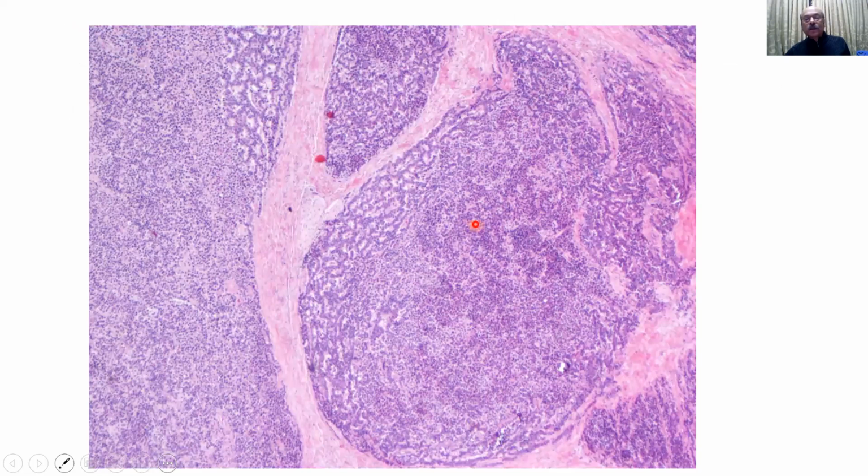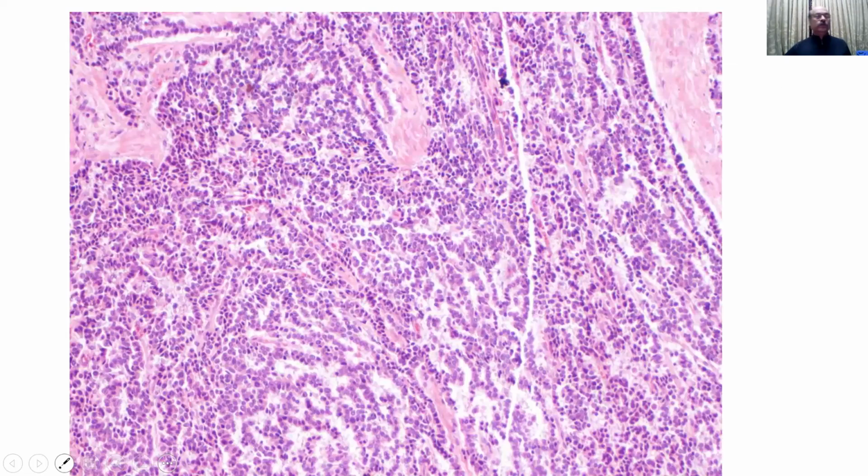This is the tumor. Let's go to the high power. Here, the tumor cells are monomorphic. They don't show any pleomorphism or any necrosis.